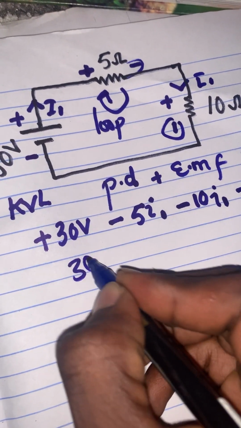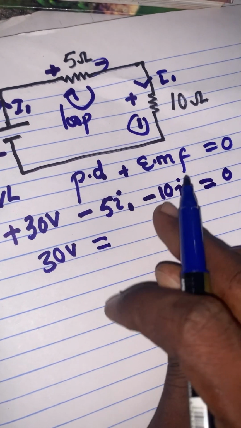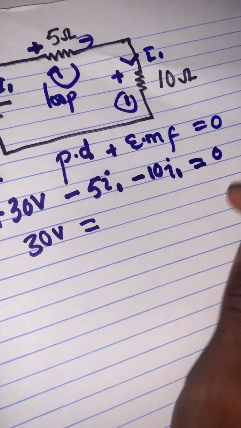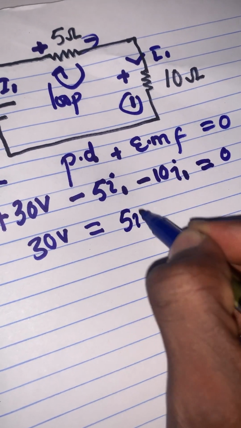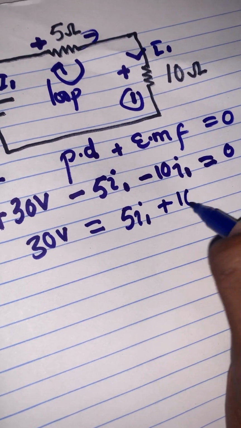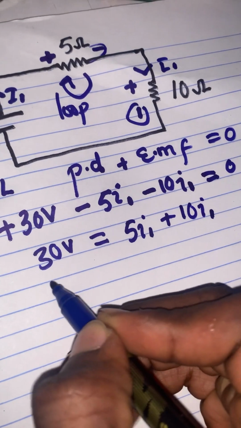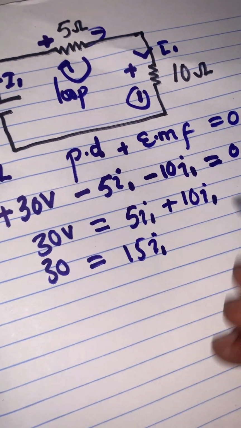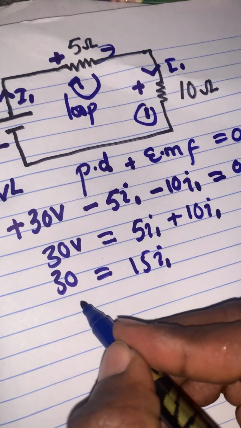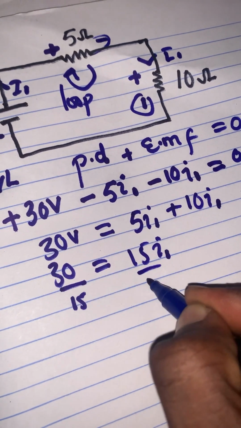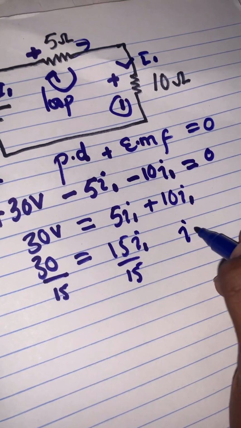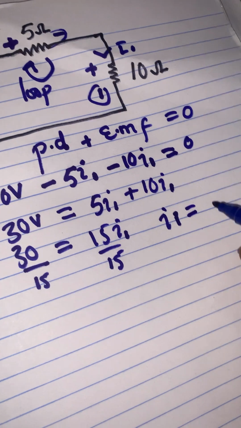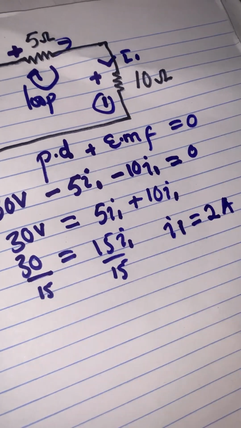This would be 30 volts equals, taking these two terms to the right side of the equality sign, 5I1 plus 10I1. So 30 equals 15I1. We are after I1, so we divide both sides by 15. I1 would be 30 divided by 15, which is 2 amperes.